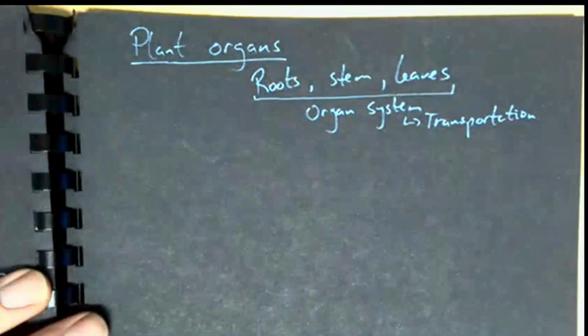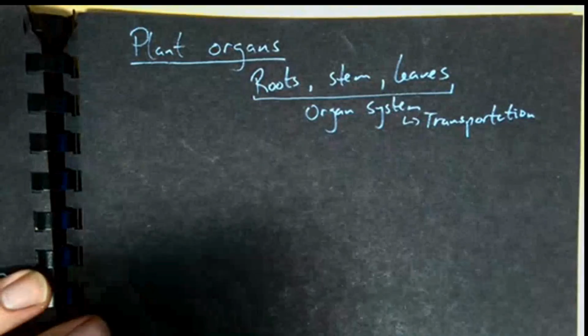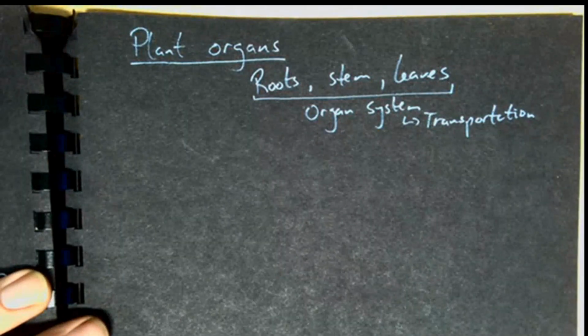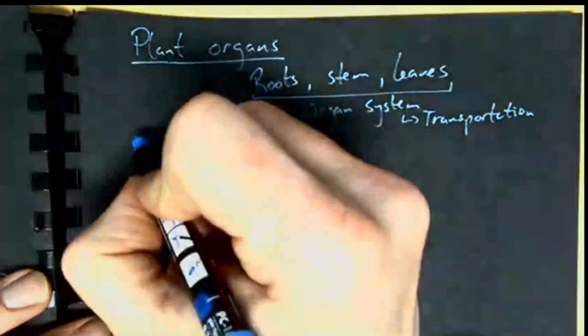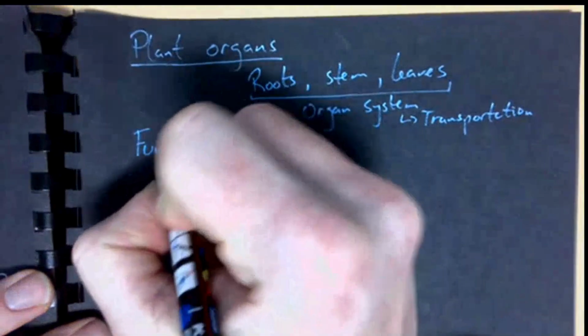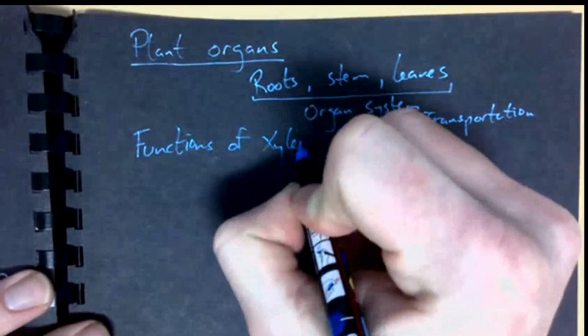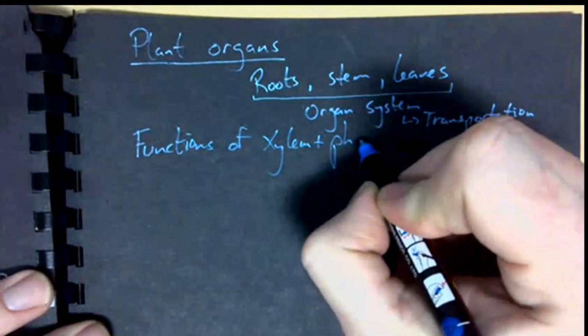We need to talk in quite a lot of detail about that transport, and we need to know in quite a lot of detail about the xylem and the phloem. So let's do that next. Let's say functions of xylem and phloem.